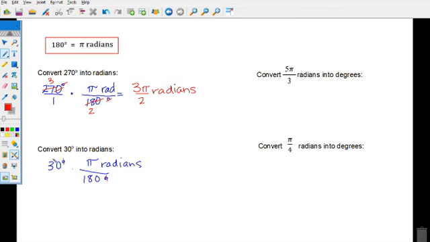And now, again, 30 and 180 are both divisible by 10, so we'll divide both those by 10. And we get 3 over 18. 3 and 18 are both divisible by 3. So 3 divided by 3 is 1, 18 divided by 3 is 6, and what we get is 1 pi over 6, or just pi over 6 radians.